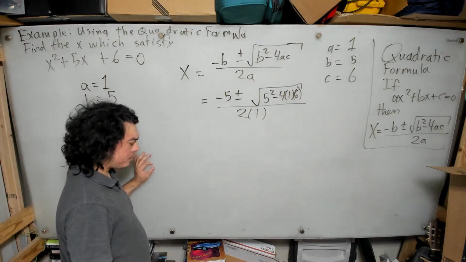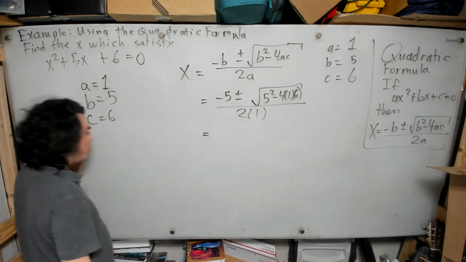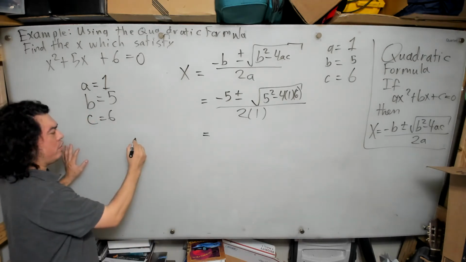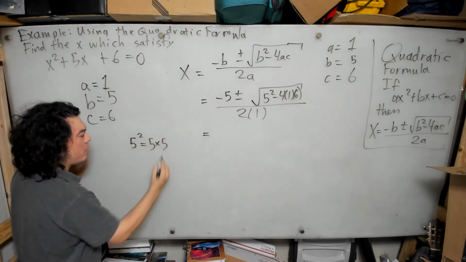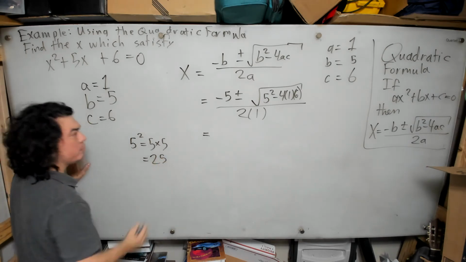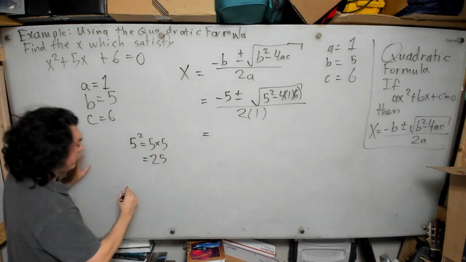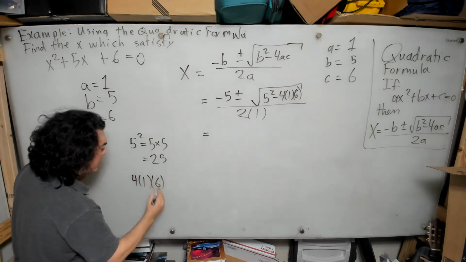Okay. Now, let's address some questions here. What is 5 squared? 5 squared, by definition, means 5 times 5. Okay? What is 5 times 5? That's 25. Okay?